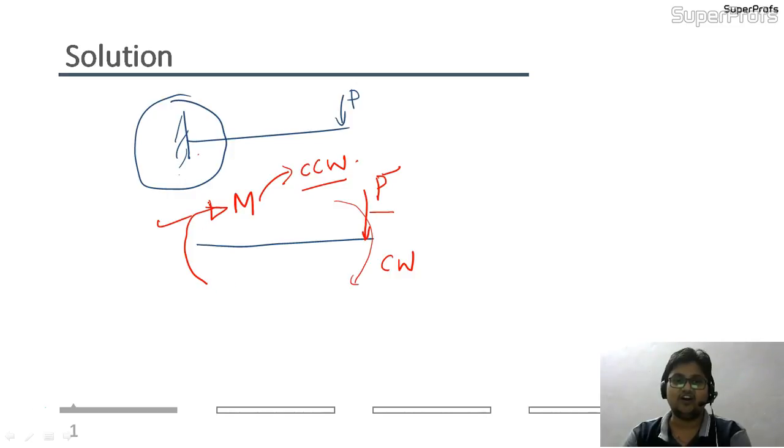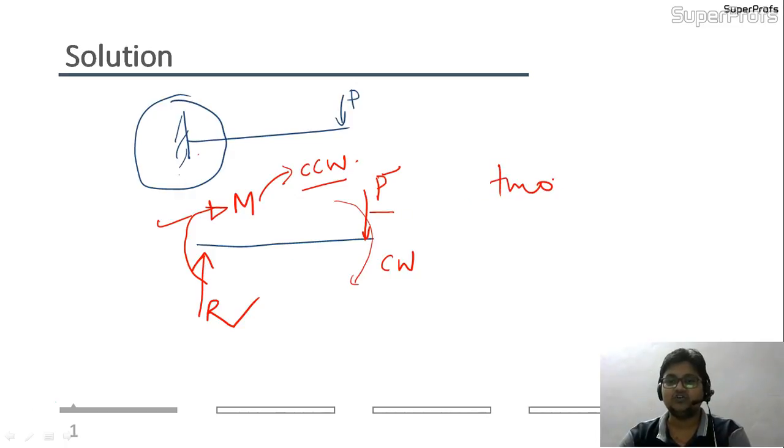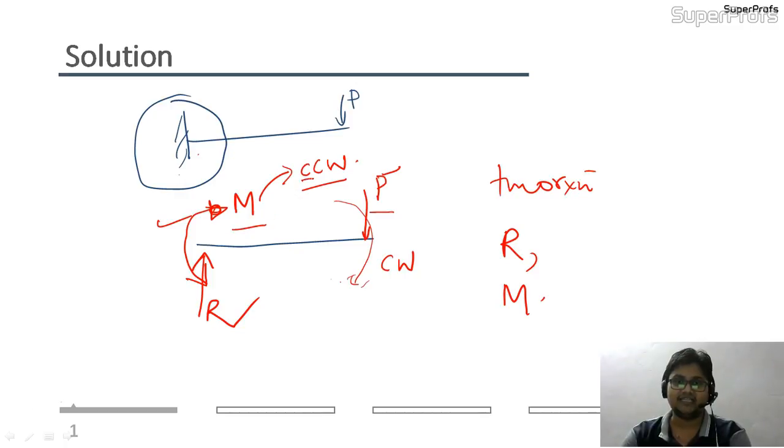So one reaction you have got is the moment, and the other reaction will obviously be a force which is opposing this P, and I'm denoting it as R. So the two reactions which come into the picture are reaction R and moment M. This was the clockwise moment, so this will be in this direction, an anti-clockwise moment, that is counterclockwise direction, opposing this, and this reaction will be opposite to the external load.